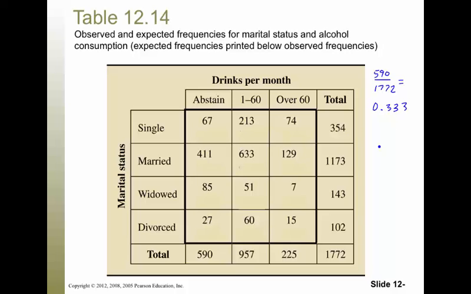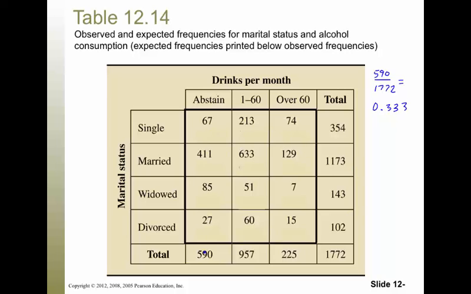And then how many married people would we expect to abstain from drinking? If there's no correlation, or no association, between drinks per month and marital status, what would you do? Whitney? Take the total amount of married and multiply that by the percent.